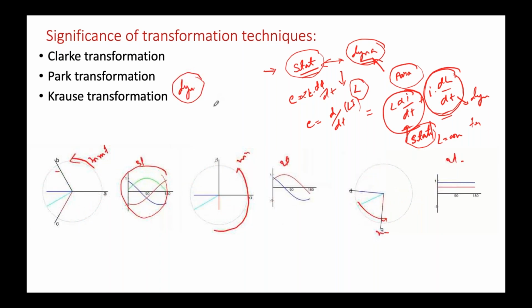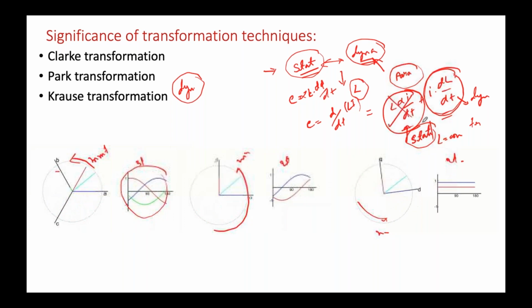Because of this dynamic EMF, you will get twisting force, that is torque. Torques are classified into so many parts: reluctance torque, reaction torque, eddy current torque, hysteresis torque. Based on the structure of the machine, we can understand whether it is producing reluctance torque or electromagnetic torque. So by using this equation, we can differentiate static EMF as well as dynamic EMF.